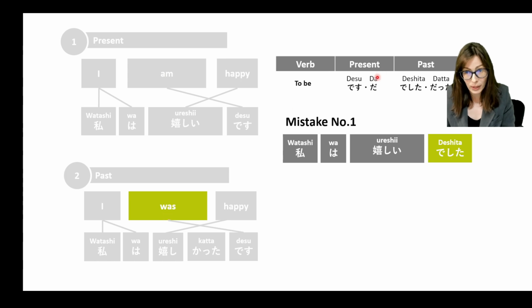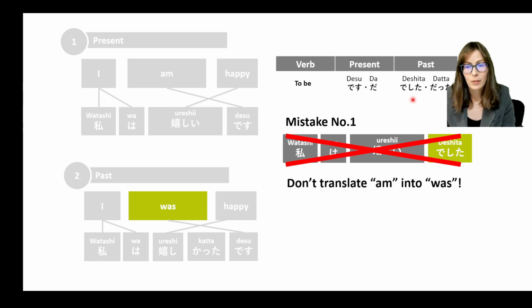And you can rightfully do that because this is indeed "to be" in the present, and the past equivalent would be deshita. So technically speaking, you can build this structure. But the problem is that this will not be correct. Okay? Don't translate "am" into "was" because it's not going to be correct.